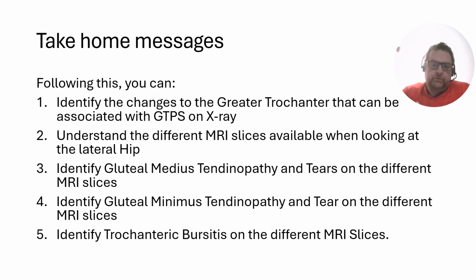You should be able to understand the different MRI slices available when looking at the lateral hip, as well as identifying gluteal medius tendinopathy and tears on the different MRI slices, and identifying gluteal minimus tendinopathy and tear on the different MRI slices, as well as identifying trochanteric bursitis on the different MRI slices available.